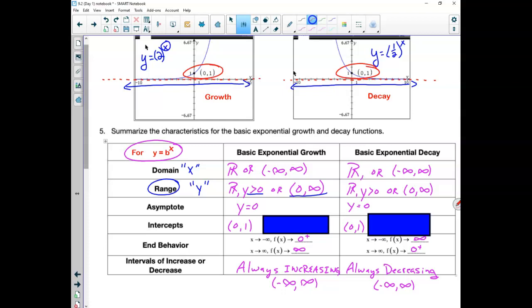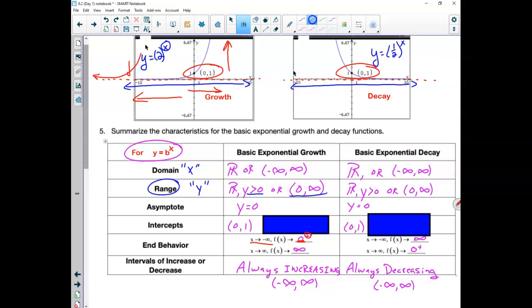My end behavior: as x goes to negative infinity for my growth, my graph is getting snug as a bug in a rug to 0. And that little plus just means from the top side down. It's kind of coming down like that, but it's always going to be positive, okay? And as x goes to positive infinity, ooh, y is spiking. It's going up fast.